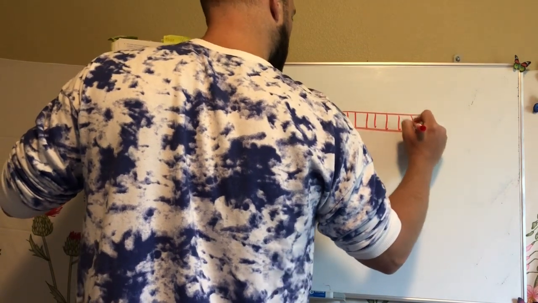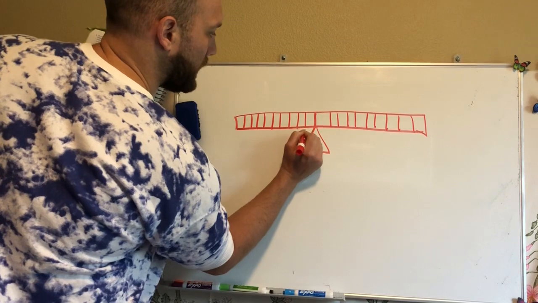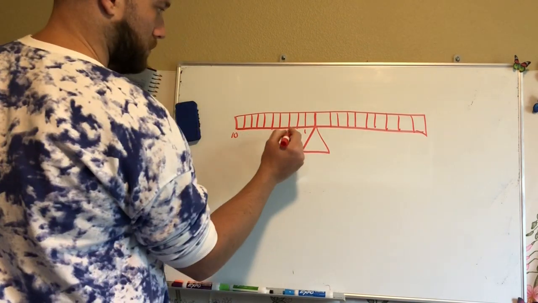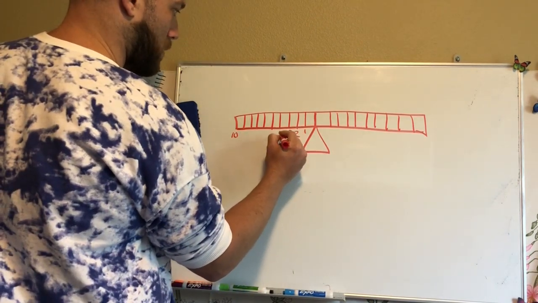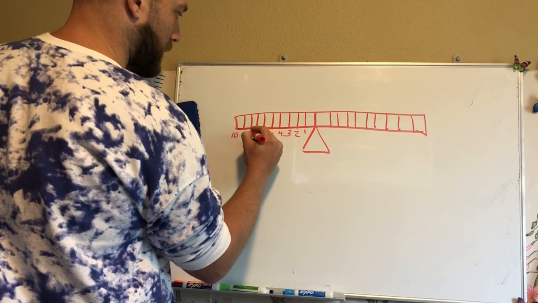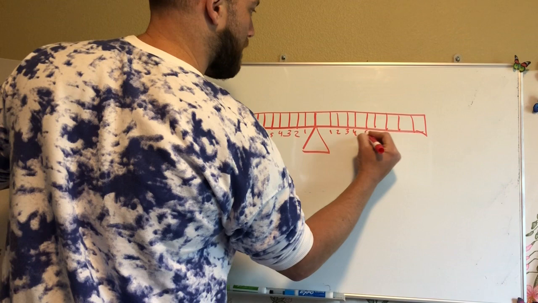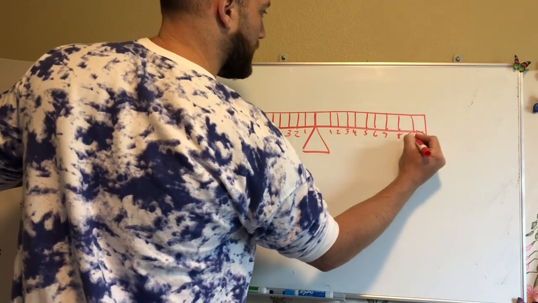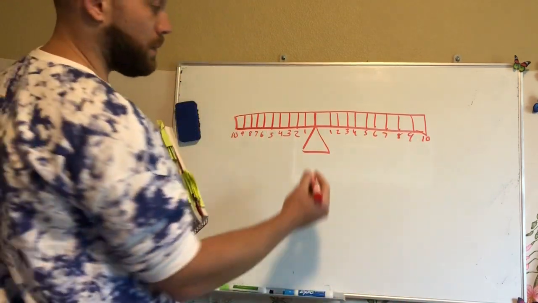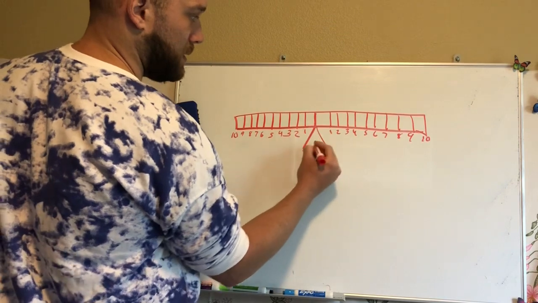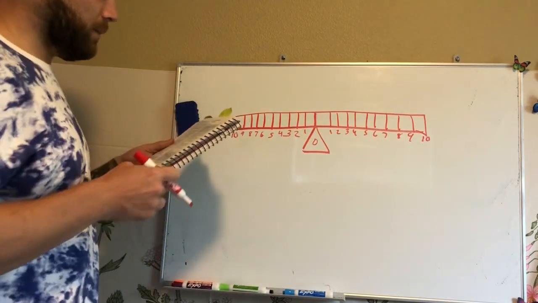So you have 1 here, 10 here. 2, 3, 4, 5, 6, 7, 8, 9, 10. 1, 2, 3, 4, 5, 6, 7, 8, 9, 10. What goes in the middle of the triangle or in the balance? 0. That's our 0 scale.